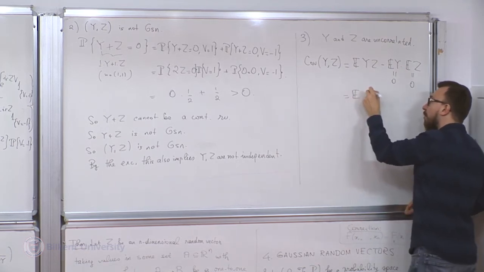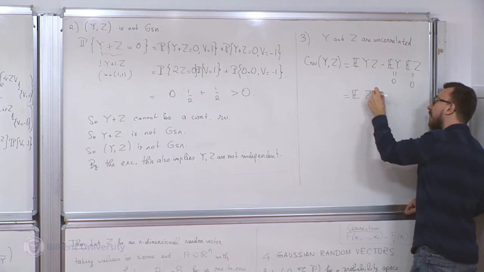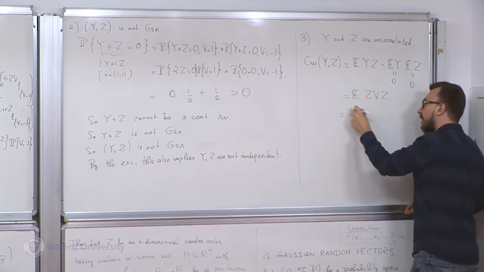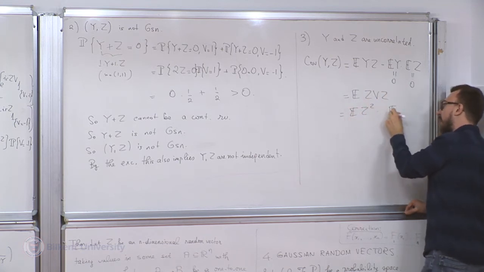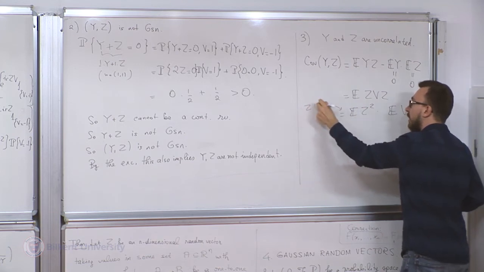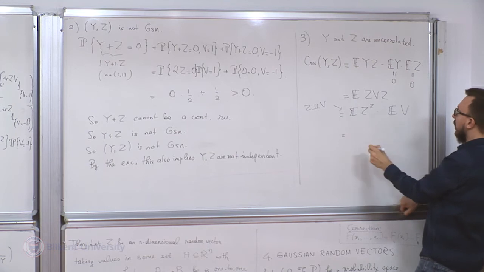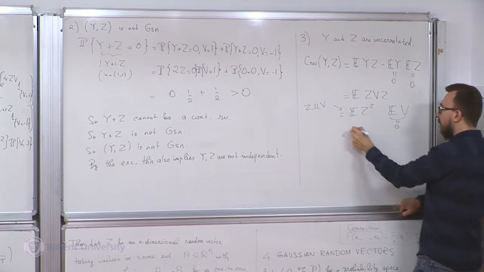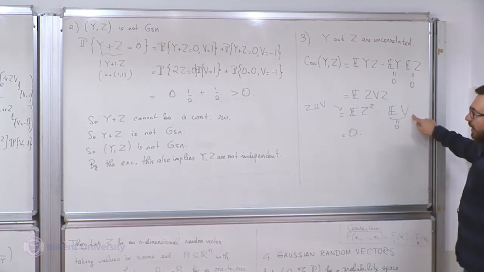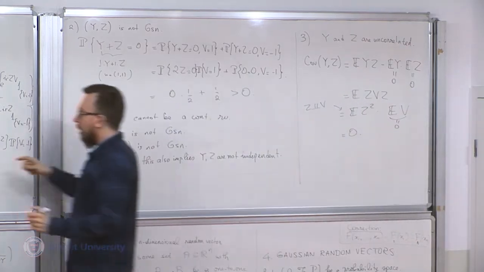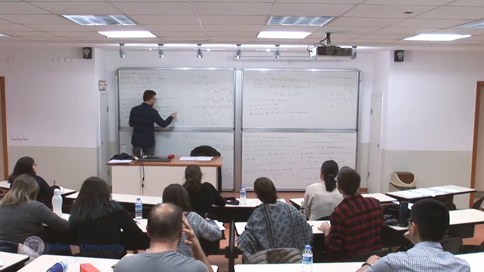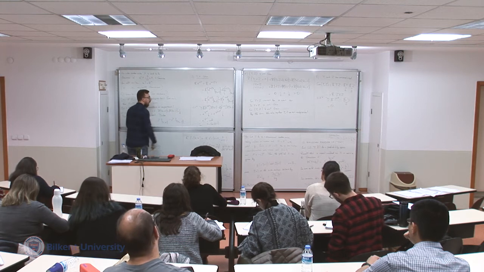And Y equals Z times V, so this is just Z squared times V, by independence. So the expected value of V is 0, right? So this is 0. Expected value of V is 0 because it is plus 1 with probability 1/2, minus 1 with the same probability, so it is 0.